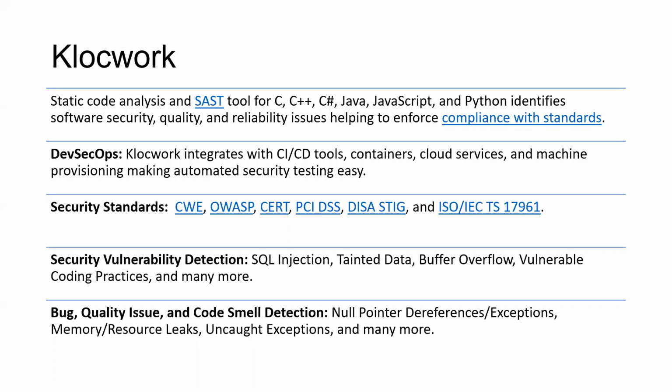Apart from that, the interesting feature in Clockwork is that we support 2,500 plus metrics that include method cyclomatic complexity.